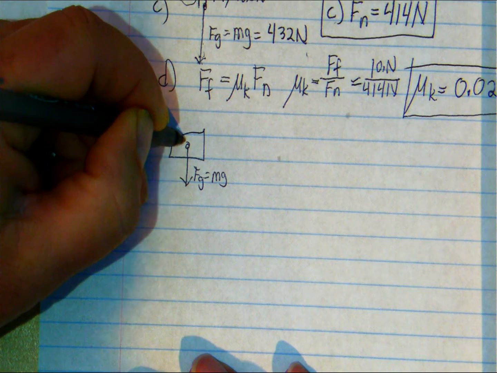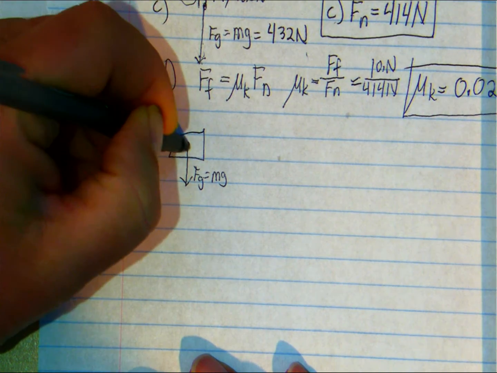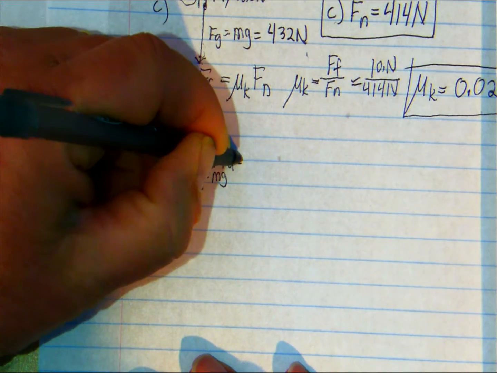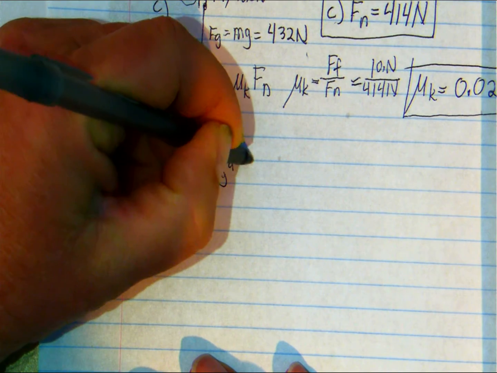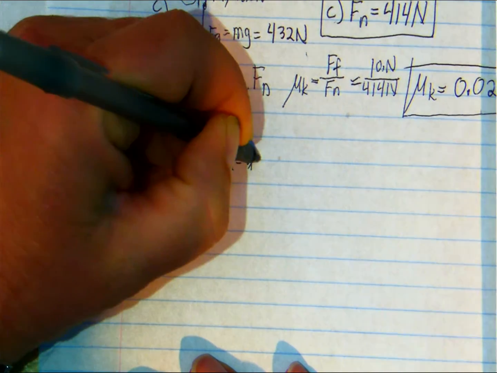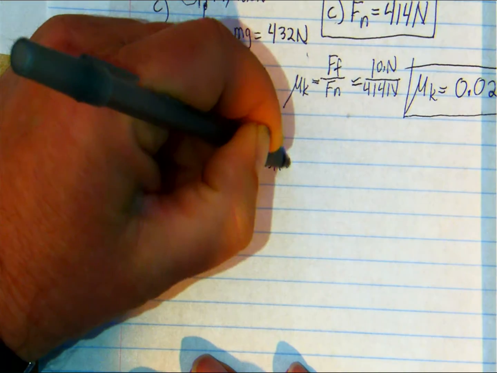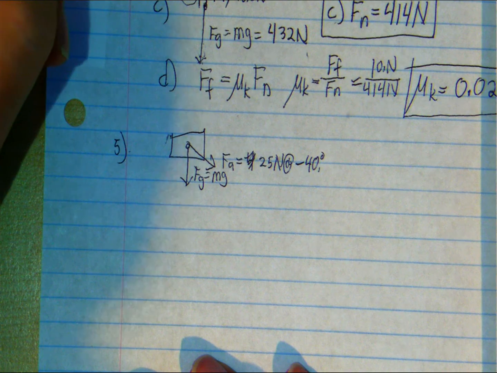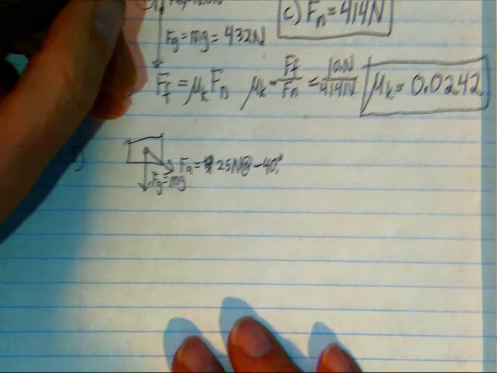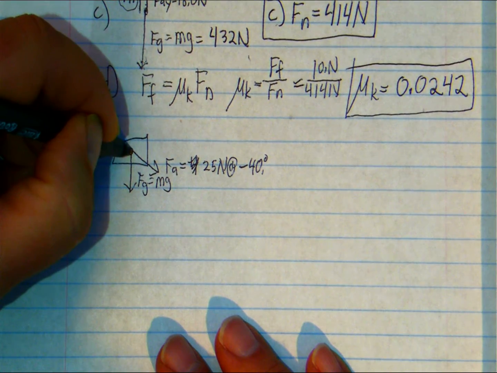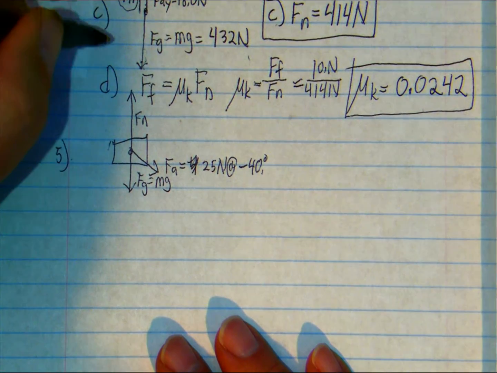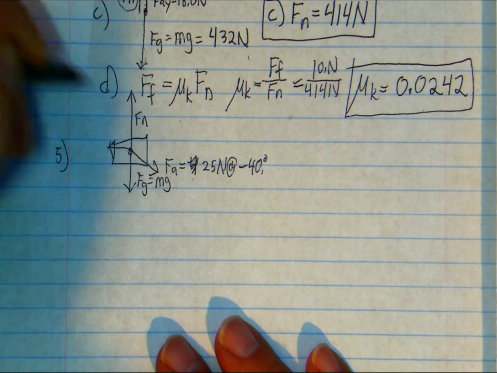There is the applied force going down and to the right. And that applied force has a magnitude of 25 newtons at 40 degrees below the horizontal. And there's the normal force, which by the way is going to be greater than the weight this time, and there's friction.